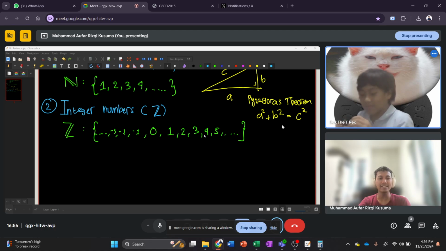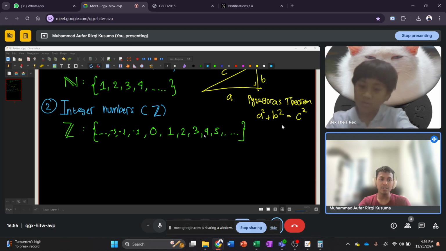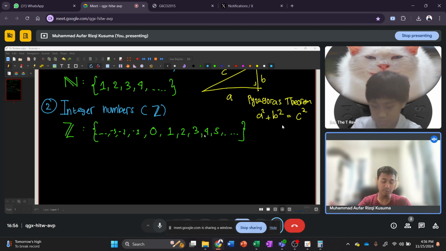You can also say it like this: a theorem is a mathematical expression which says something about something, and it is true for all conditions.